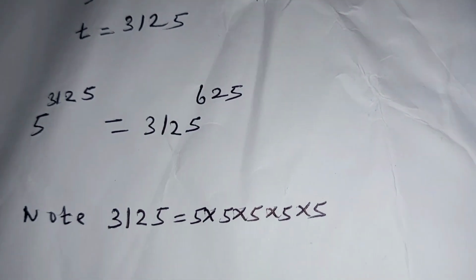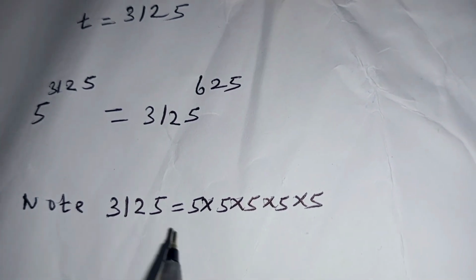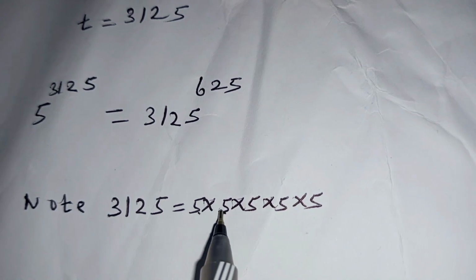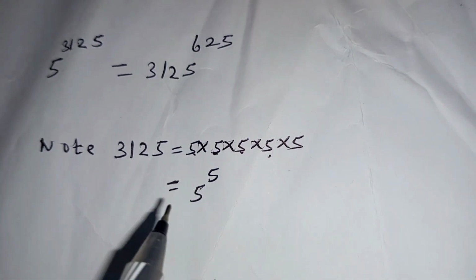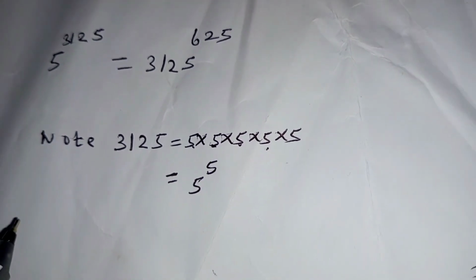So substituting the value of t, we have 5 to the power of 3125 is equal to 3125 to the power of 625. Note that 3125 is the same as 5 times 5 times 5 times 5 times 5, which is the same as 5 to the power of 5.